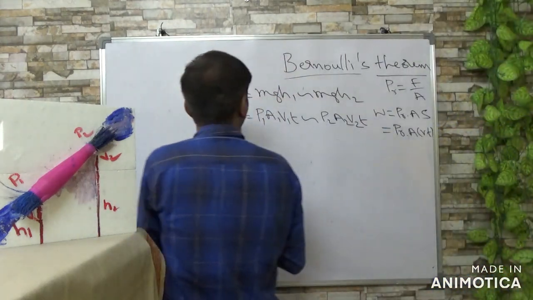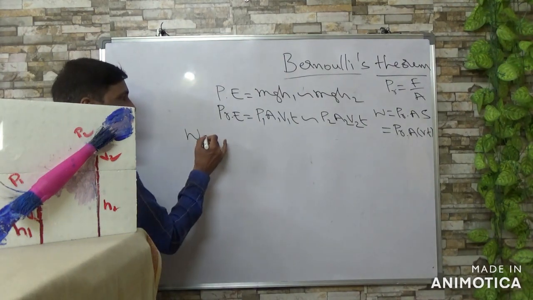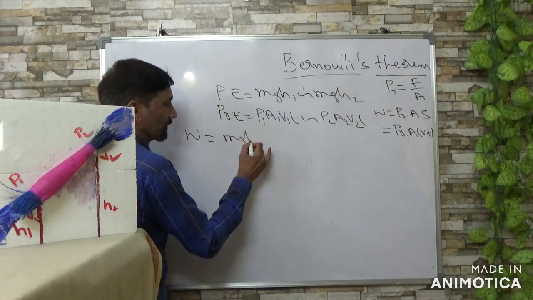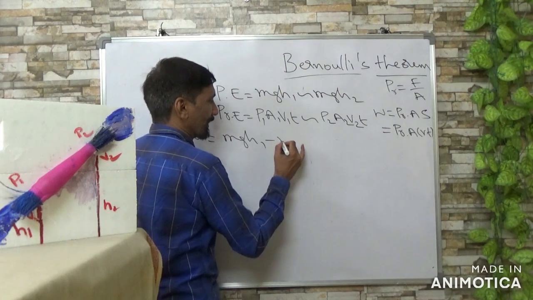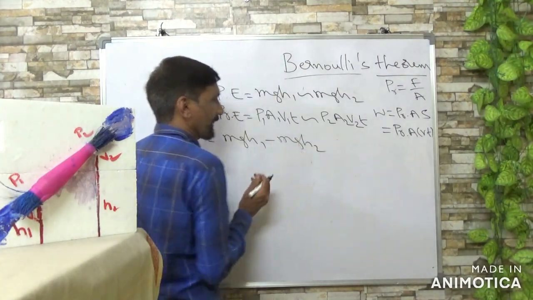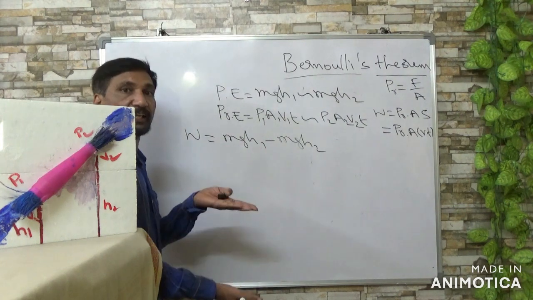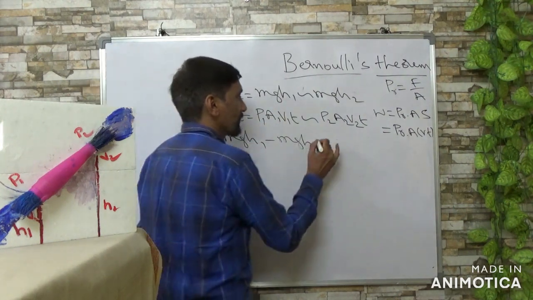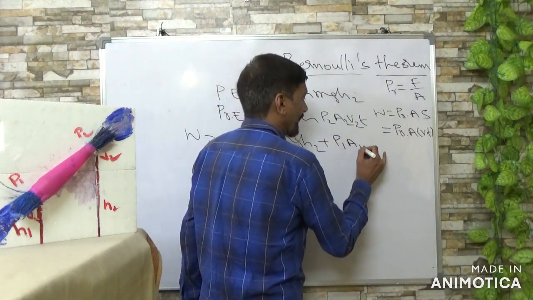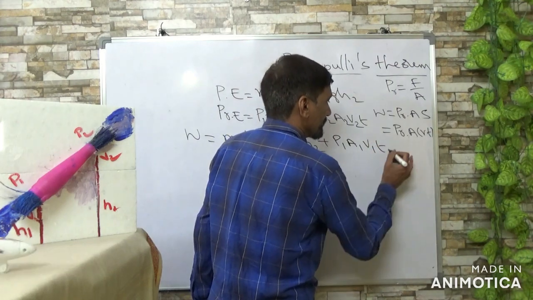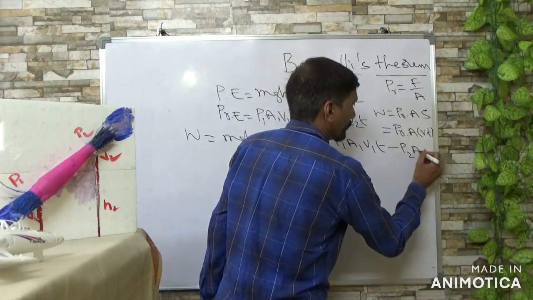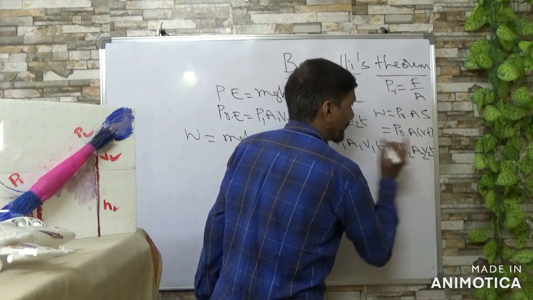Therefore, what is the total work done in this process? mgh1 minus mgh2, which is the negative work of lifting anything from the ground, plus P1 A1 V1 t, minus P2 A2 V2 t.